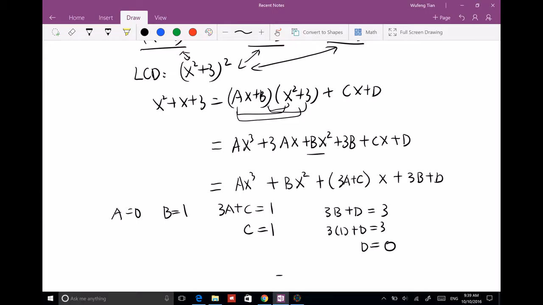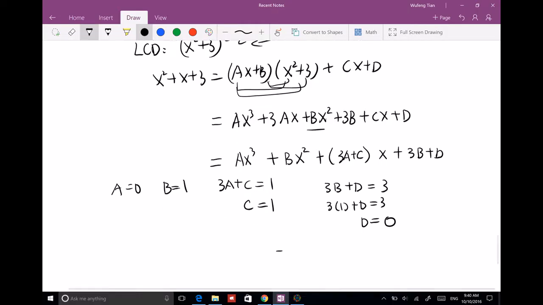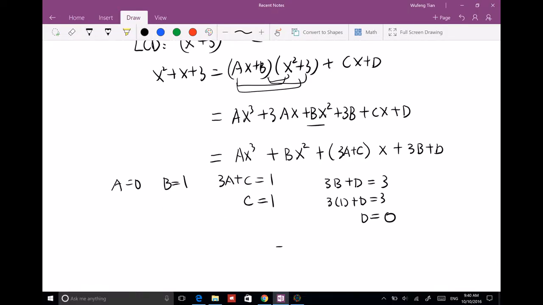You still can do let x equals 0, let x equals 1, let x equals -1, let x equals 2. You need 4 numbers, and you have 4 different equations and solve that A, B, C, D. Sometimes when you're lucky, you probably will have 2 and 2. So that's a really good idea to match the coefficient here, and then we find A, B, C, D, which is perfect. Does it make sense, everyone?